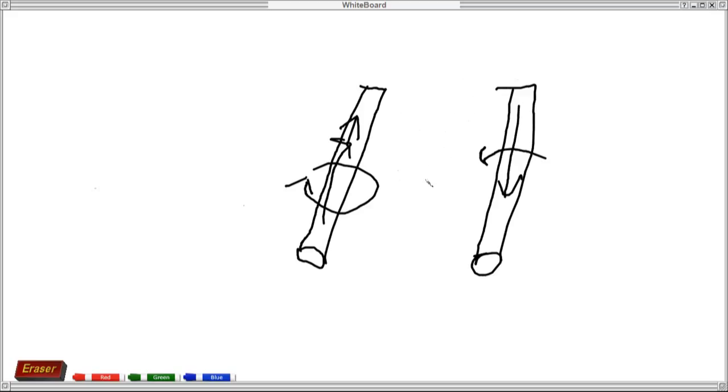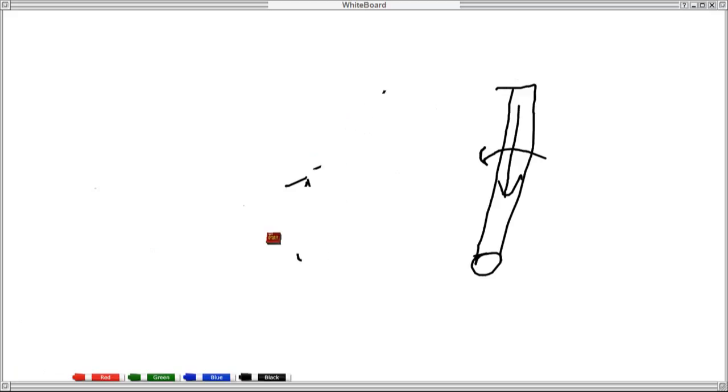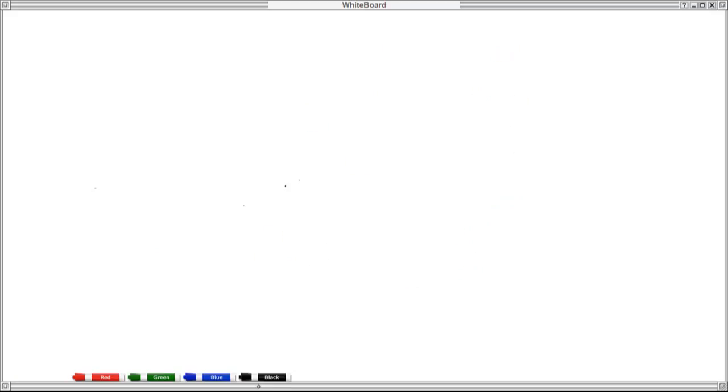Now, you have to keep in mind one thing: in electromagnetic induction, it isn't the magnetic field itself that generates AC power.